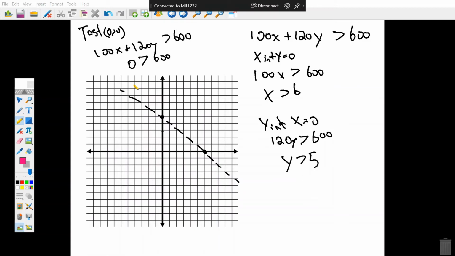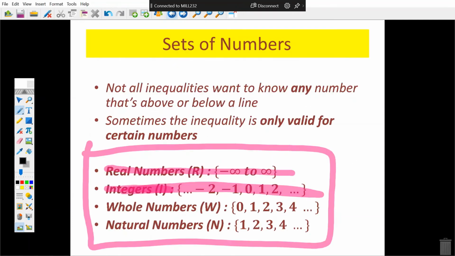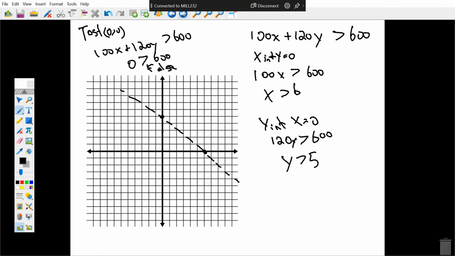Now, remember, before I color it in, so this was false, right? Remember how we talked about the difference between integers and real numbers? This is sort of a lifelike application of where it would take place. If I colored everything in, that's saying that I could calculate the price of 6.2 snowboards sold and maybe 7.5 skis sold or something like that.